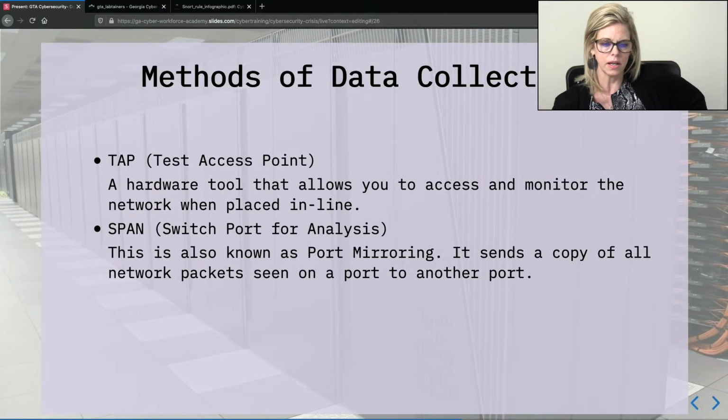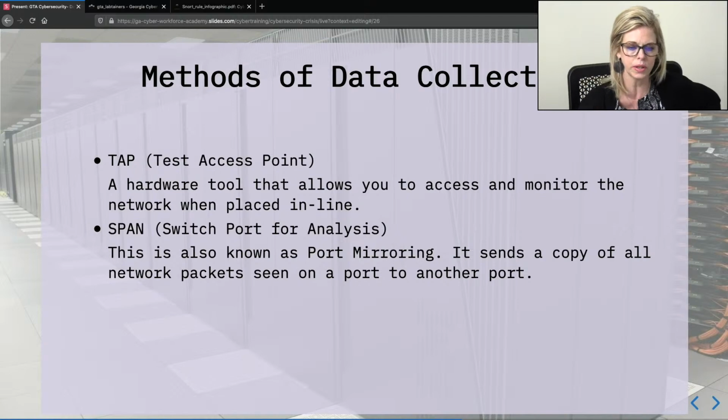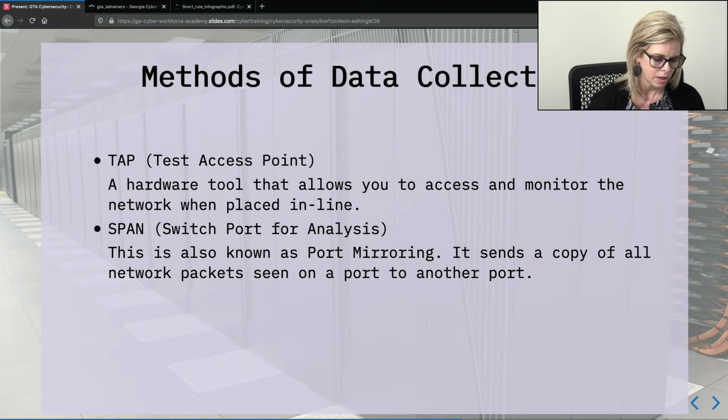Other methods to collect data include the test access point, which is actually referred to as a network tap. This is a hardware tool that will allow you to access and monitor the network, and it is placed in line with your traffic.